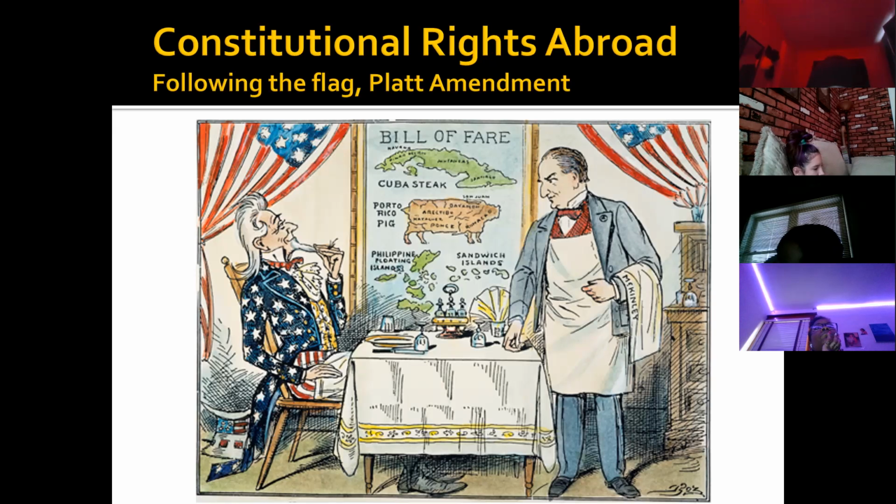From 1901 to 1903, the Supreme Court ruled that constitutional rights are not automatically given to these territories.